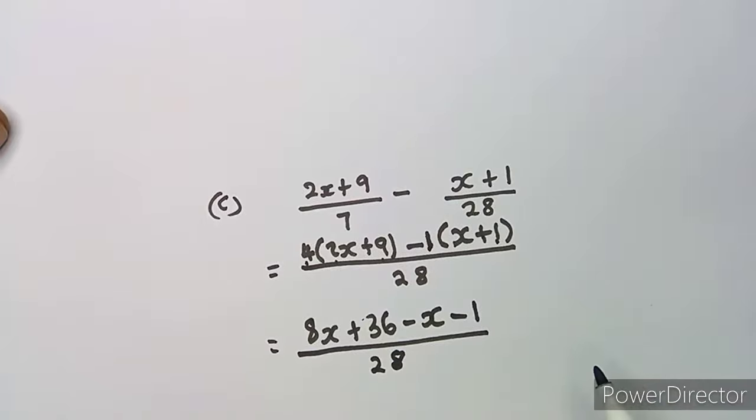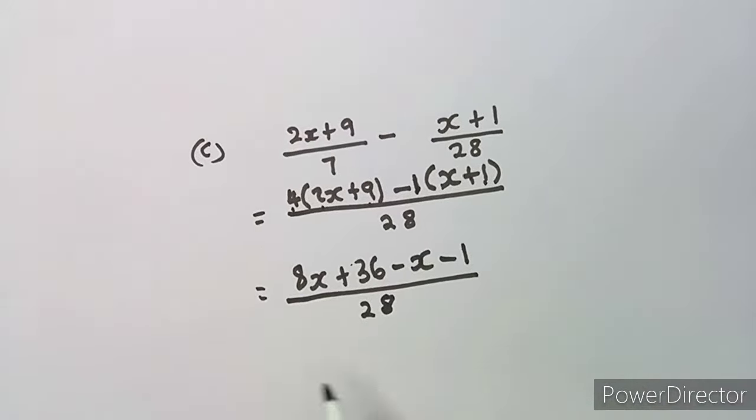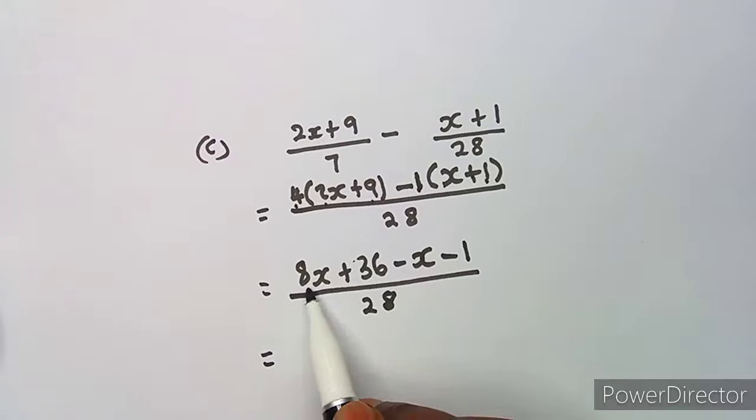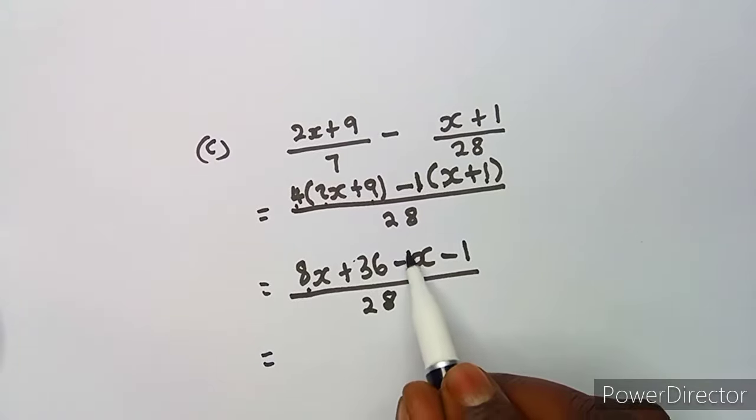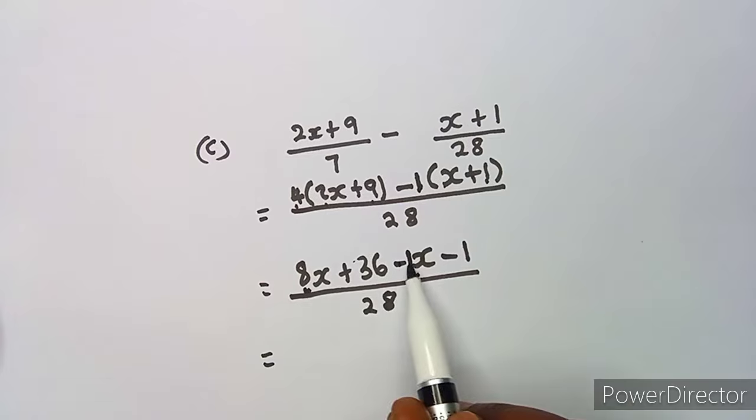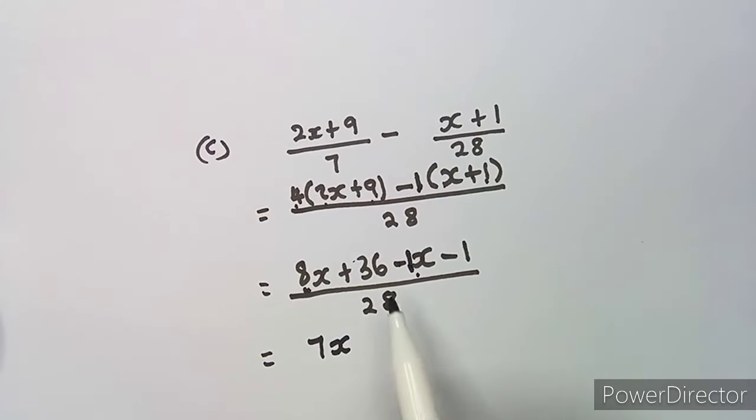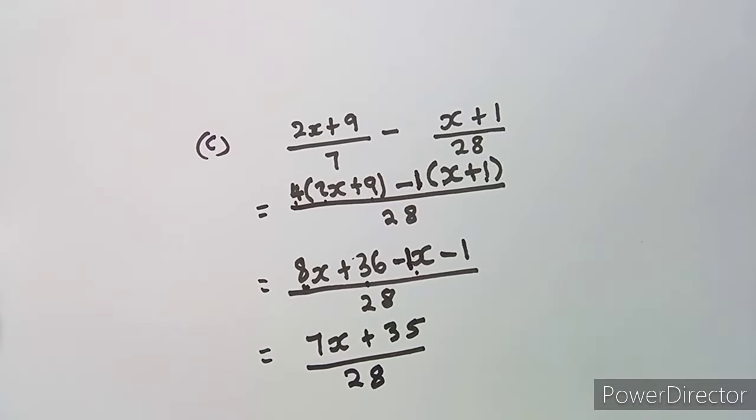So that means we are able to simplify like terms. Which are the like terms? We've got x here and x, so this is a 1 here. So it's 8 minus 1, which is 7x, 36 minus 1, which is 35, everything over 28.